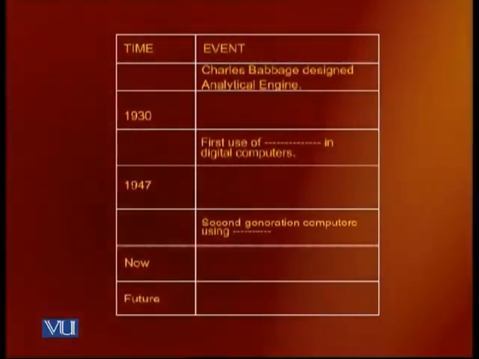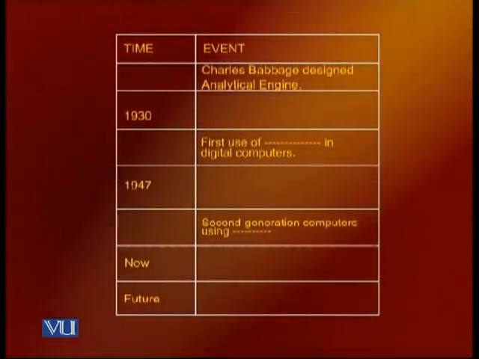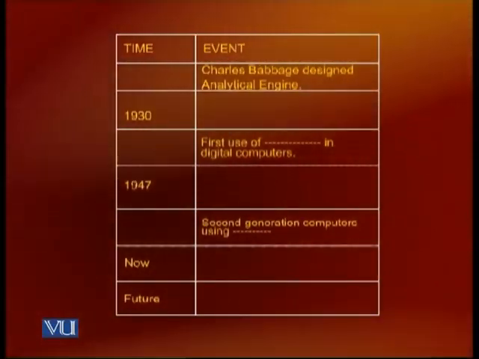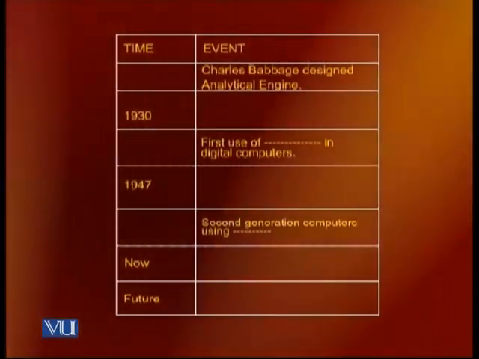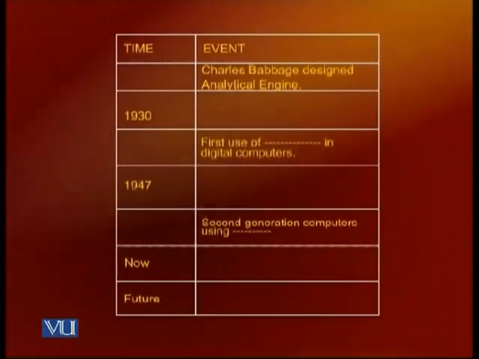And the last column, you've got 1947, but you haven't been told what event took place. The event that took place was that Newman developed ideas of keeping instructions inside memory. Now that fills out the table for you.